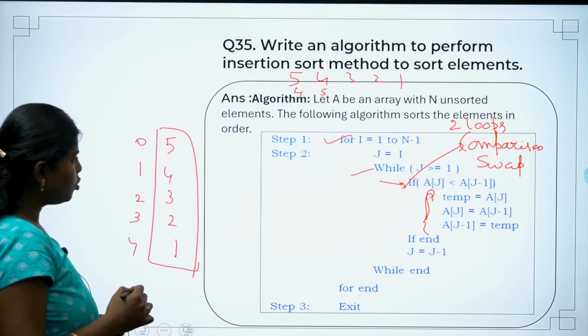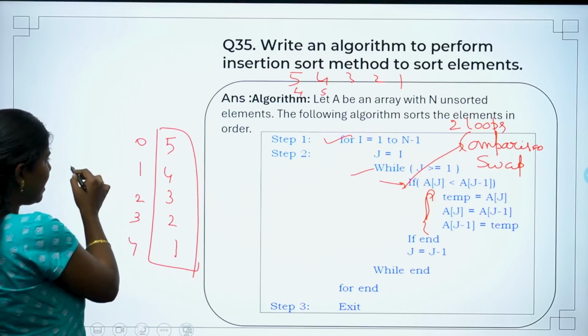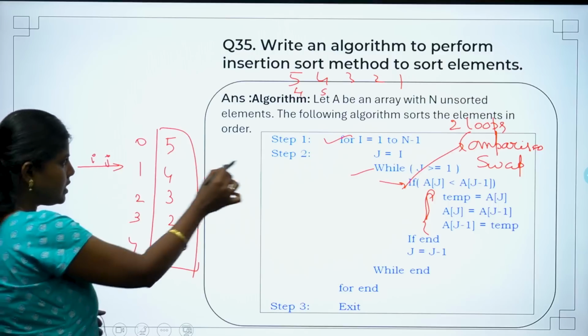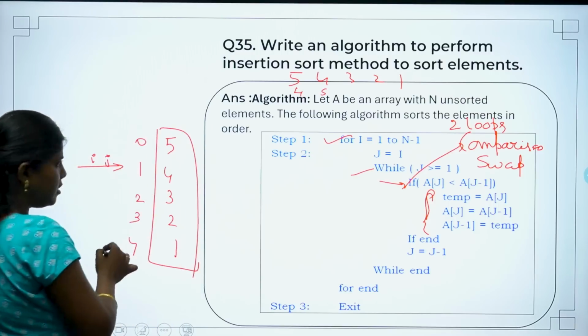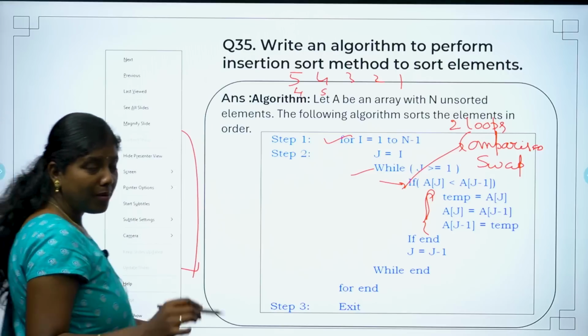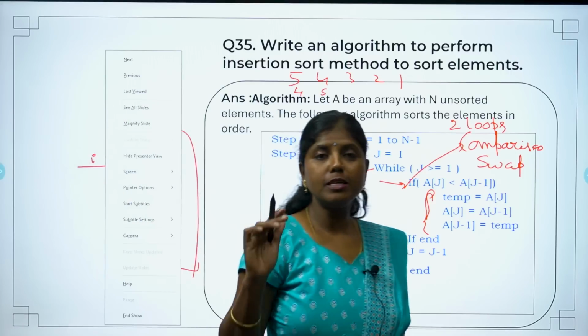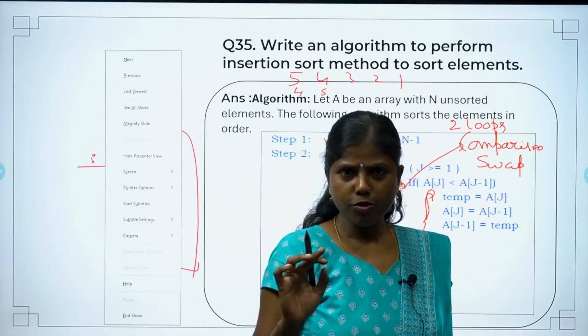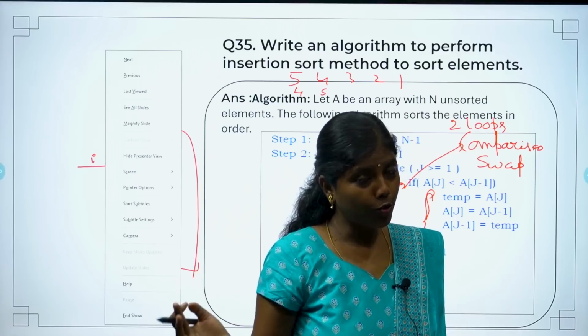Now I'm going to start with i placed here and j also placed here. i runs from 1 till n minus 1. Remember, whenever we have 5 elements, I'm going to compare only 4 times, because we compare 2 elements at a time. So with n elements, only n minus 1 comparisons are done.